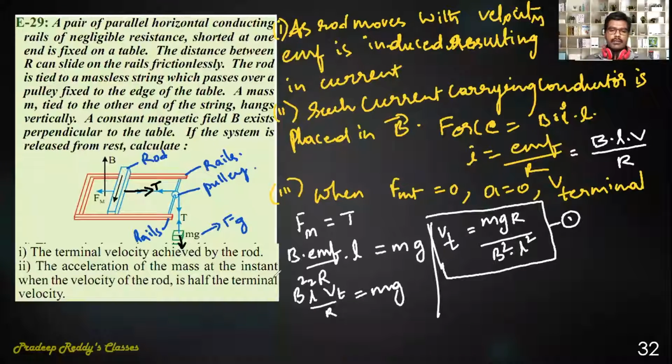Now in the second question, what is being asked is the acceleration of the mass at the instant when the velocity of the rod is half of the terminal velocity.